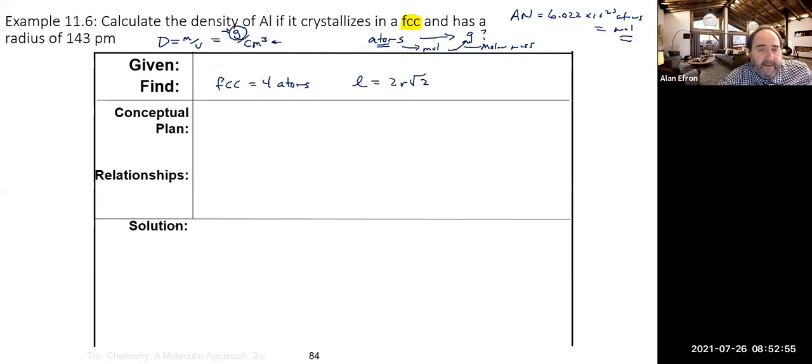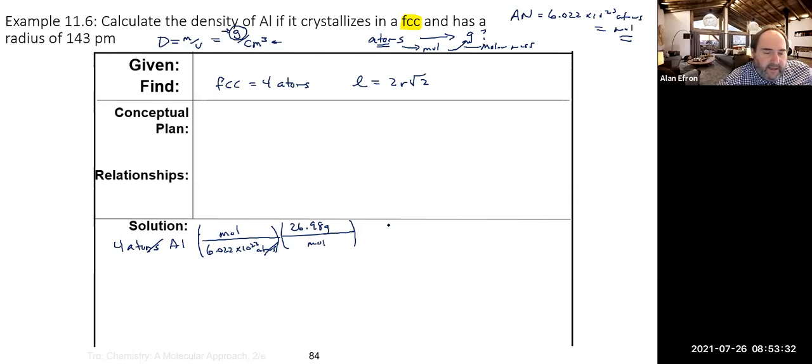So let us go with 4 atoms of aluminum, again using Avogadro's number, and we would put it on the bottom here. I've now gone from atoms to moles. And again, I can use the molar mass to go from moles to grams, and it is 26.98.